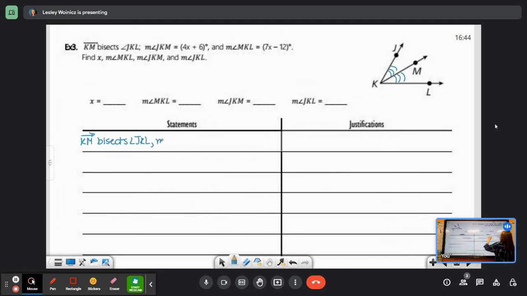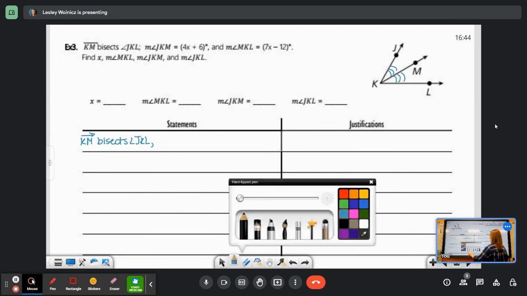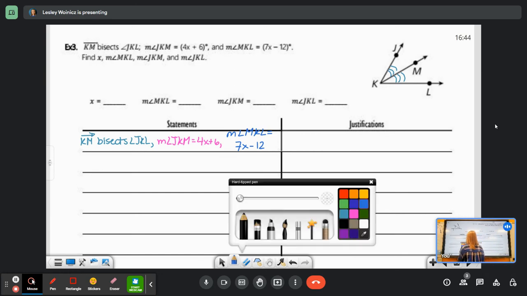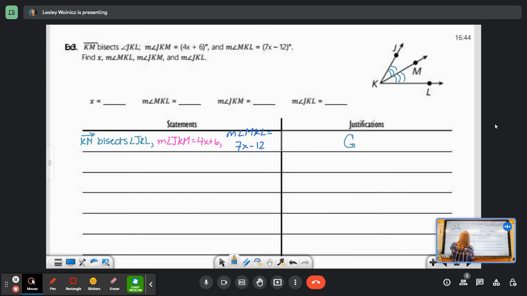We know that the measure, here I'm going to put this in different colors, the measure of angle JKM is 4x + 6. And we also know that the measure of angle MKL is 7x - 12. Okay, how do we know all those lovely little nuggets? They were given to us.